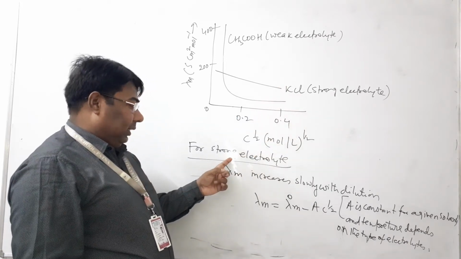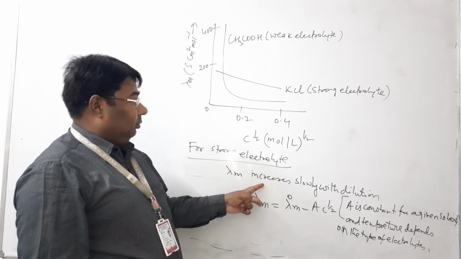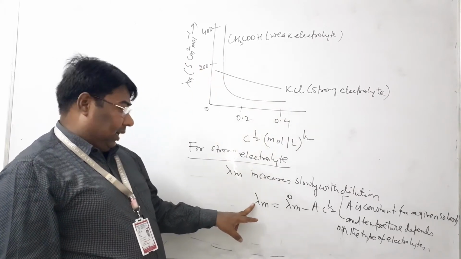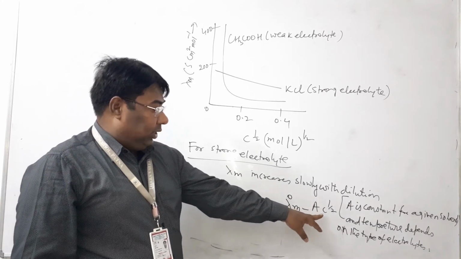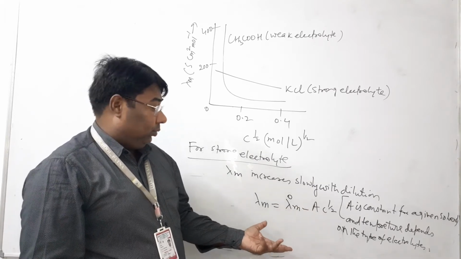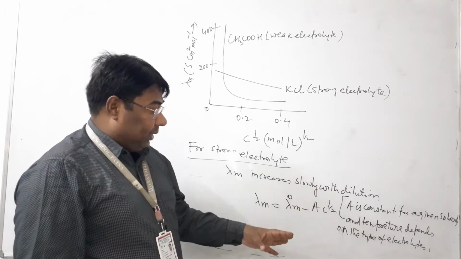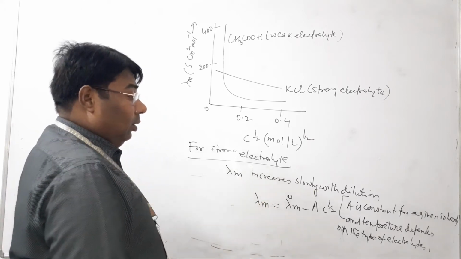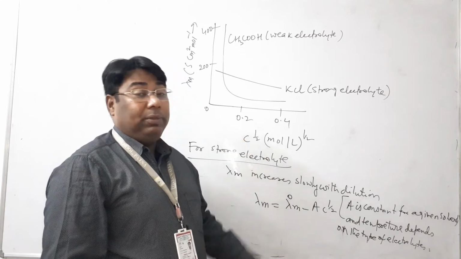So for a strong electrolyte, lambda m increases slowly with dilution, as you can see in KCl. In this case, lambda m is equal to lambda naught m minus A C to the power 1 by 2. C is the concentration, and you can also write it as root under C. A is a constant for a given solvent and temperature and depends on the type of electrolyte.